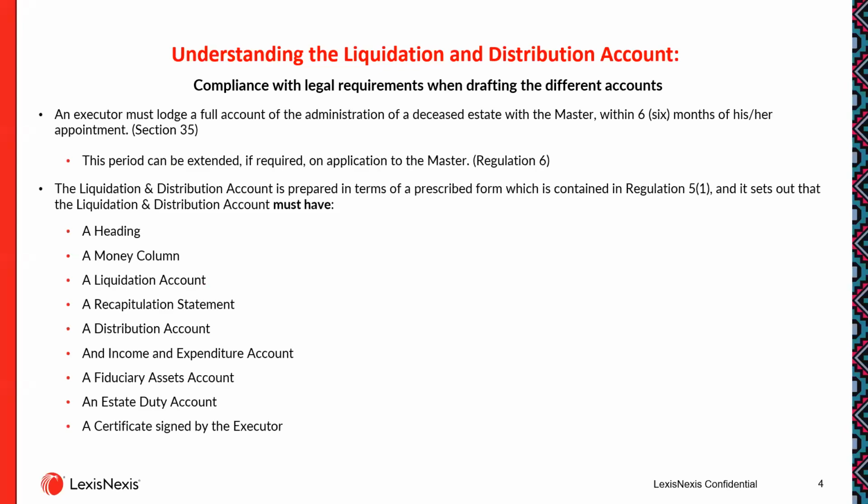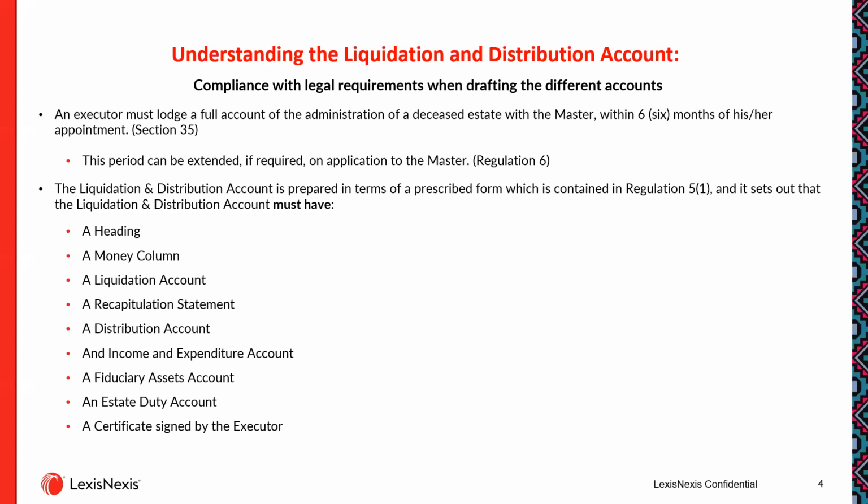First off, we look at Section 35 of our Administration of Estates Act. And here it very clearly states that an executor must lodge a full account of the administration of a deceased estate with the master within 6 months of his or her appointment. So this full account that Section 35 refers to is, of course, our liquidation and distribution account.